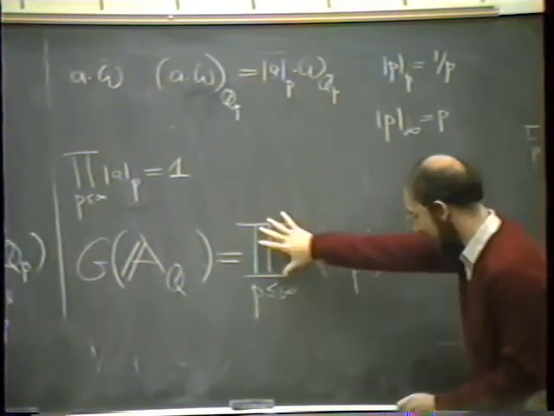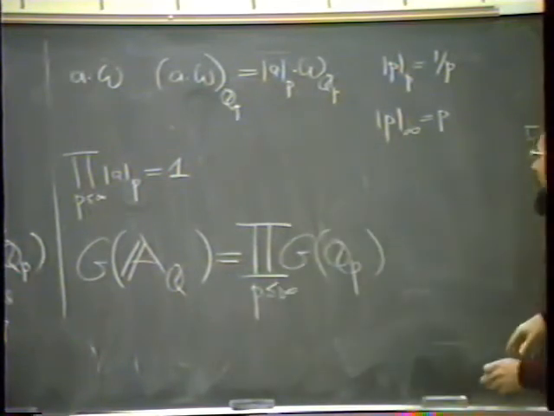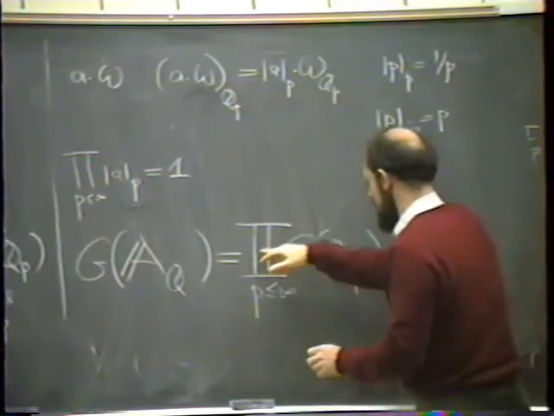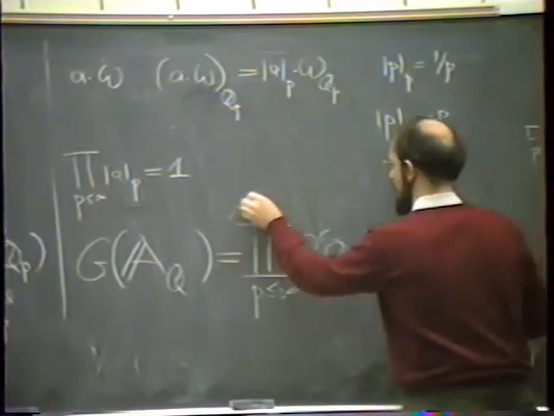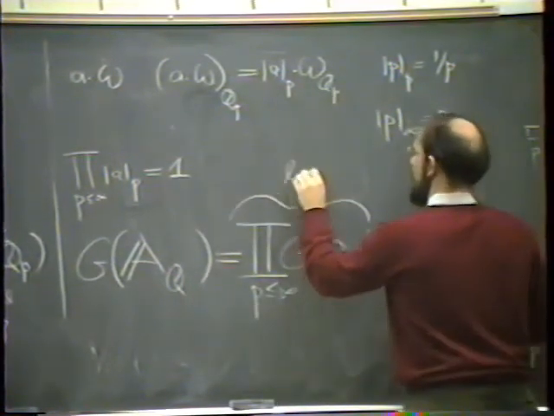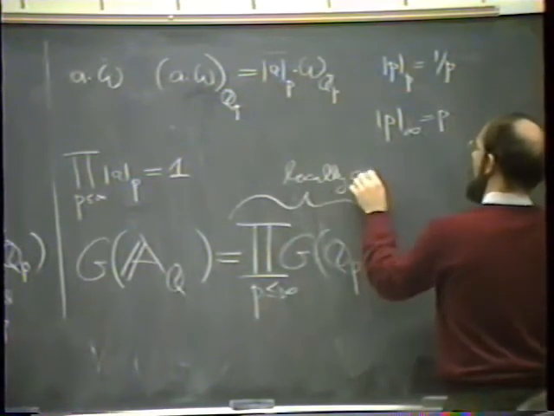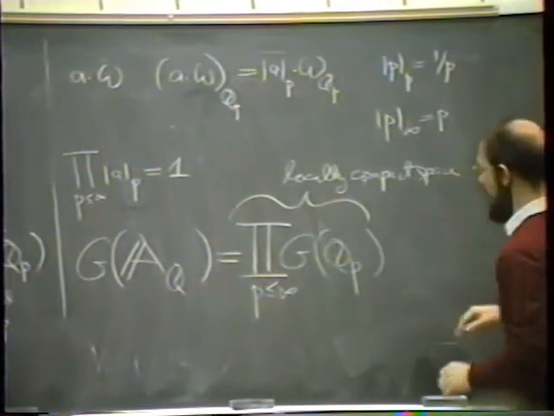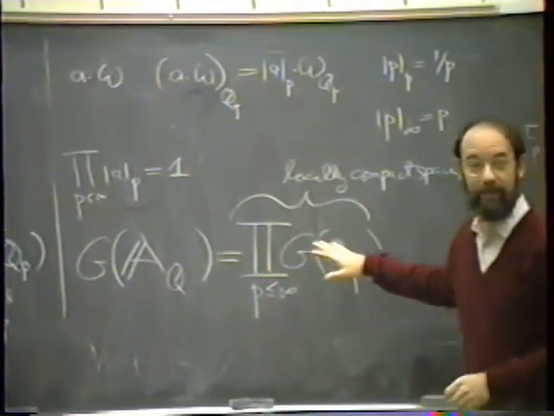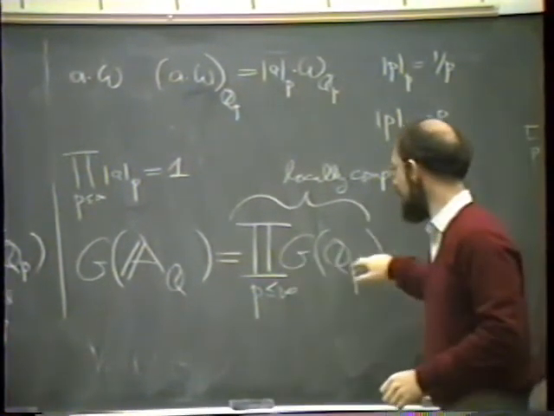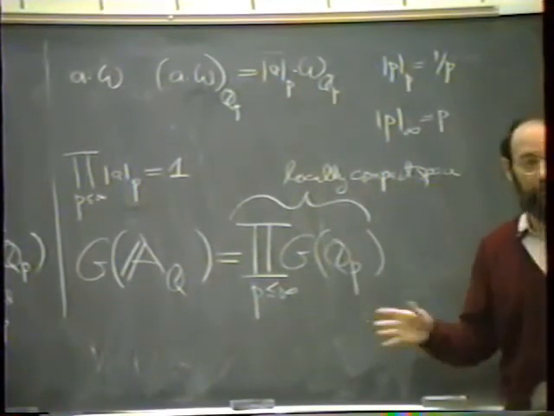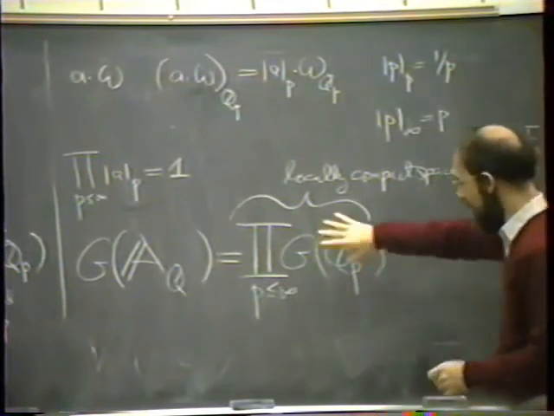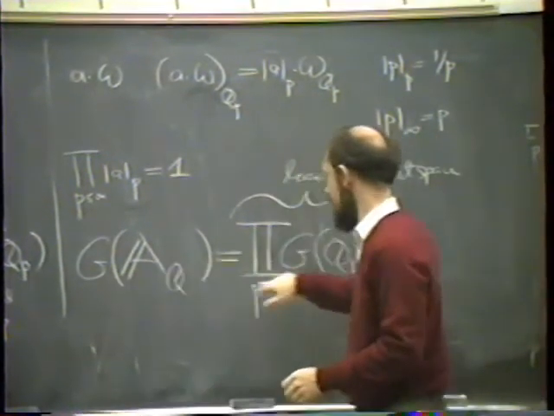But in any case, I make the appropriate modifications to guarantee that this thing is a locally compact space. See, the problem is that G of Q_p in general is not compact. So if I take an infinite product with an infinite number of non-compact spaces, I have a recipe for a mess. So I just modify things. Anyway, this is then a well-defined guy.